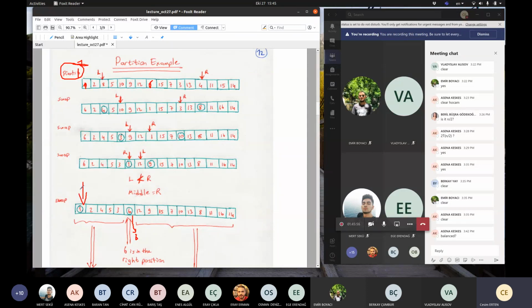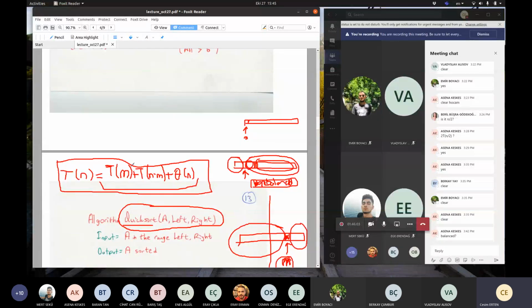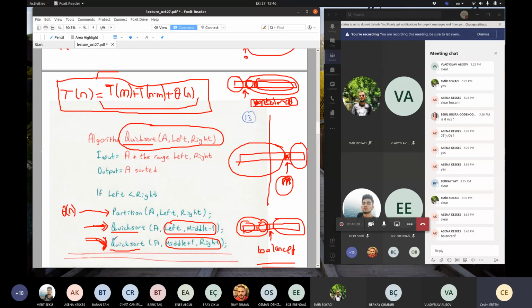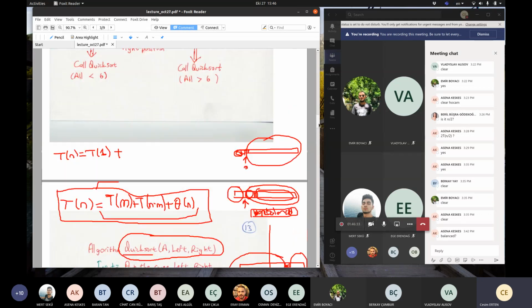The position of the middle index would exactly be pointing to the leftmost element, which means this T(m) would translate into T(n) equal to, for the left part of the array we don't have anything, so we can write only T(1), which is constant, plus the right subarray, where the second recursive quicksort will work, which is T(n minus 1), plus the theta n running time we spent for the partition.